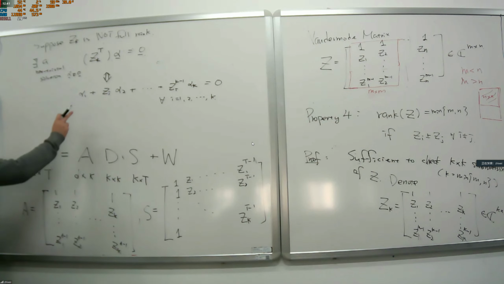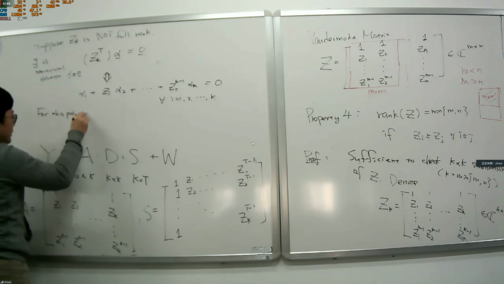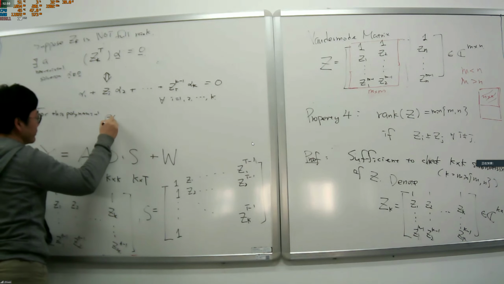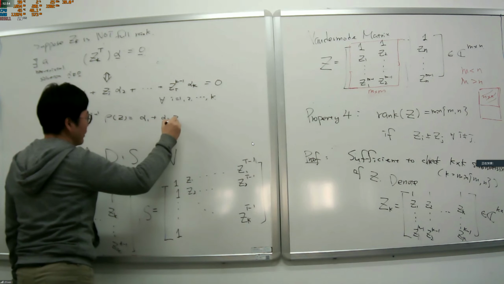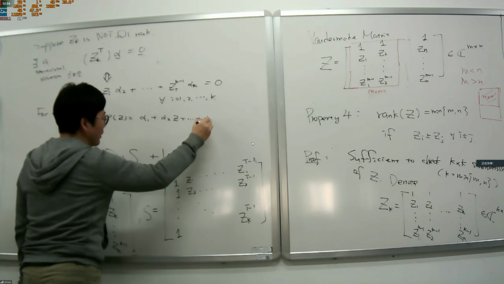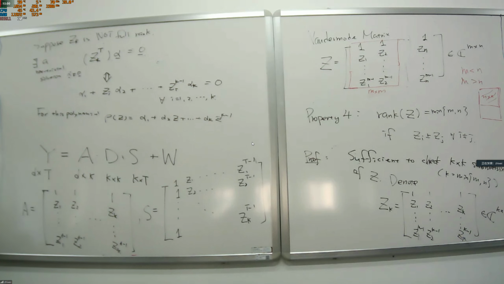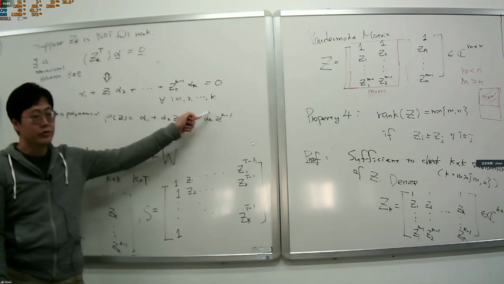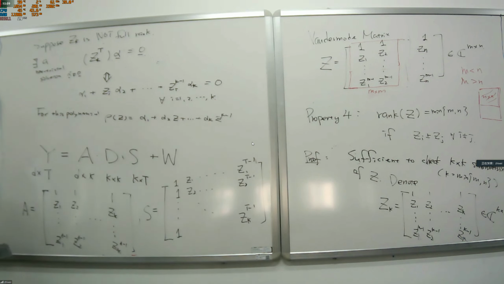So this means, for this polynomial, you see, this is a polynomial. If you look at this polynomial, z_1, z_2 to z_k are the roots of this polynomial.